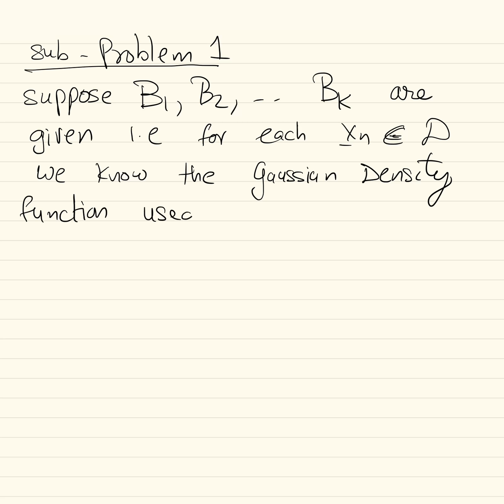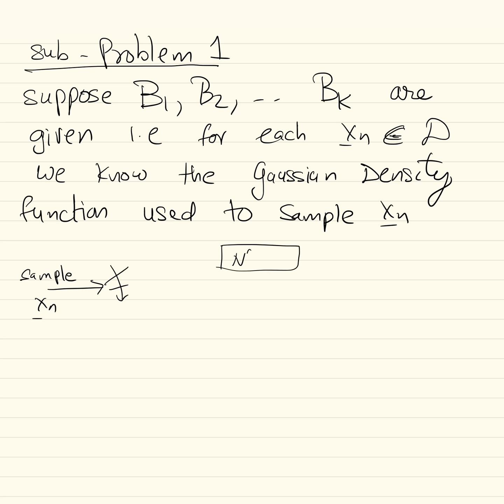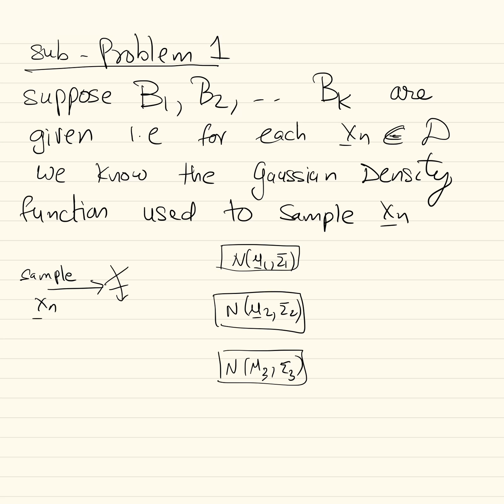So the best way to understand this is that, remember, you had the switching problem. Let's say this is the data you want to sample, xn, and you had a switch here. You had a Gaussian with mean mu1, covariance sigma 1, a Gaussian with mean mu2, covariance sigma 2, and a Gaussian with mu3 and covariance sigma 3.